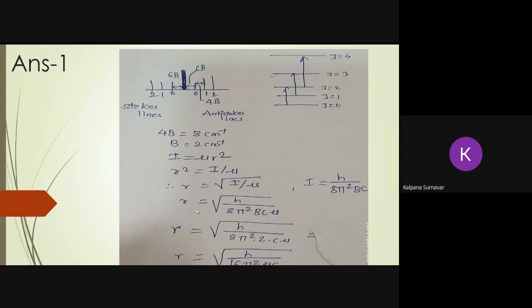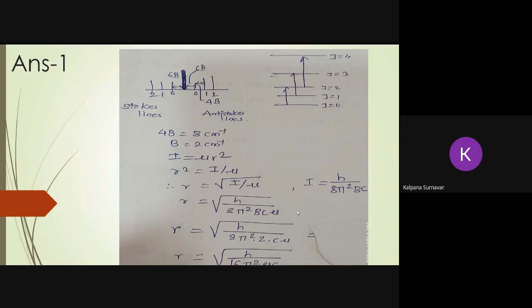Now just put the value of I in the equation of radius. Instead of radius, you can call it the bond length of carbon monoxide here. So the bond length of carbon monoxide is equal to the square root of h upon 8 pi square B c into mu.